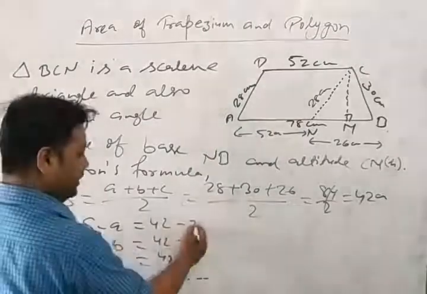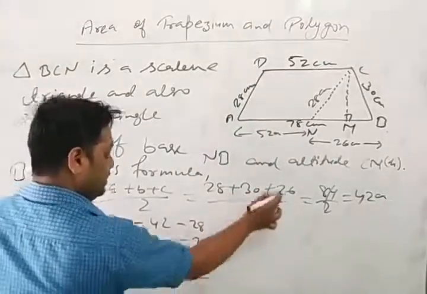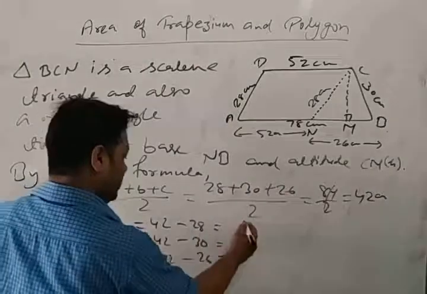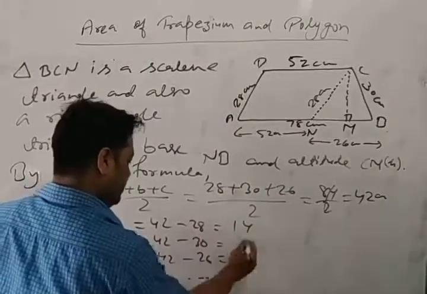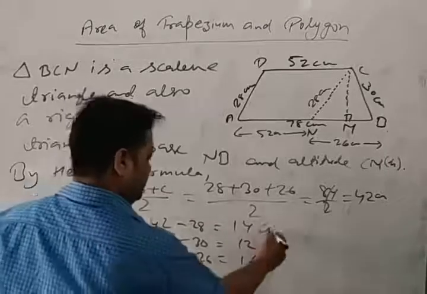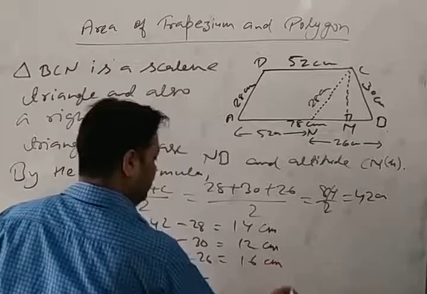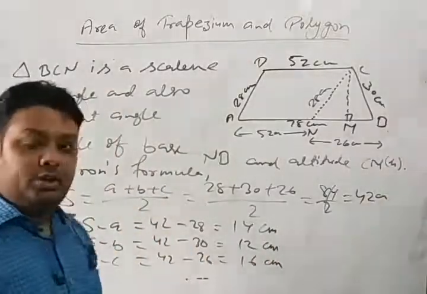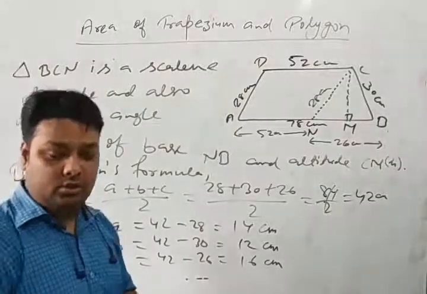Then a is 28, b is 30 and c is 26. Subtract, you will get 14, 12 and 16. Now we will use both formulas together, Heron's formula and the right angle triangle formula. How? Let's see.